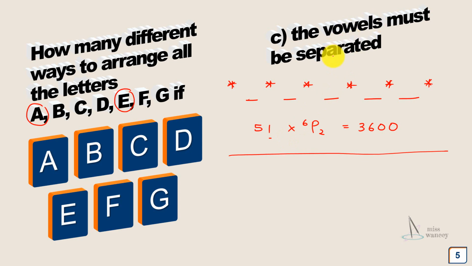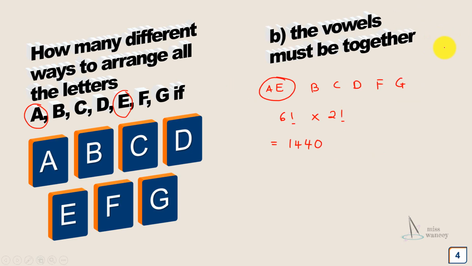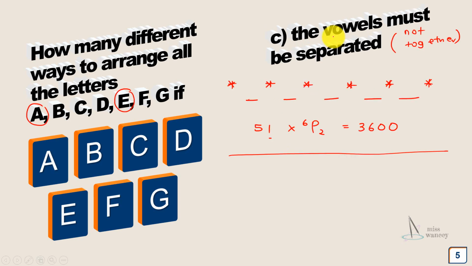But of course, there is actually a trick over here. If the vowel must be separated, it also means that the vowel must not be together. So just now we already calculated the number of ways so that the vowel must be together. So we can actually minus them. So we can take the without restriction minus the vowel must be together.